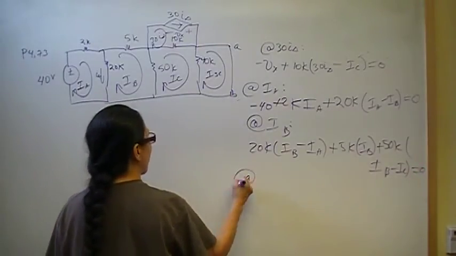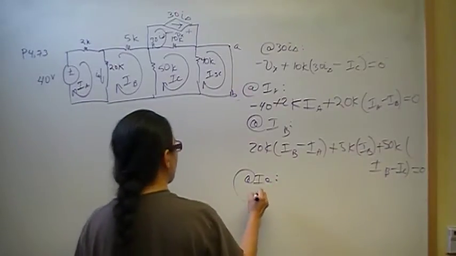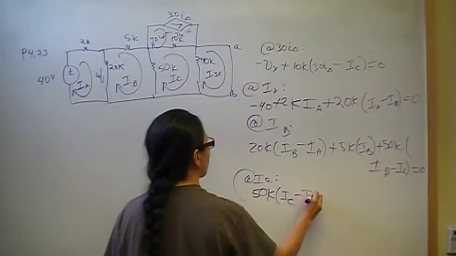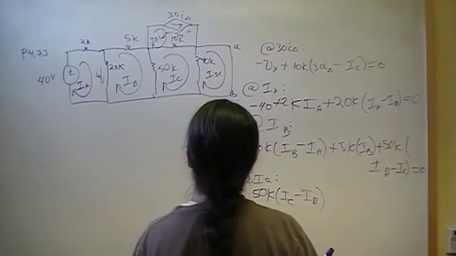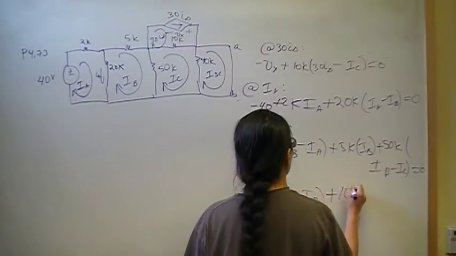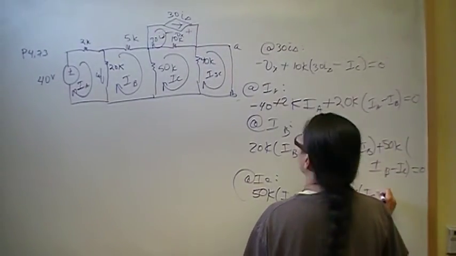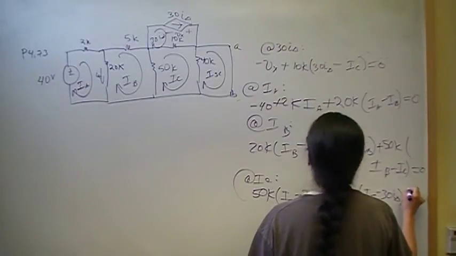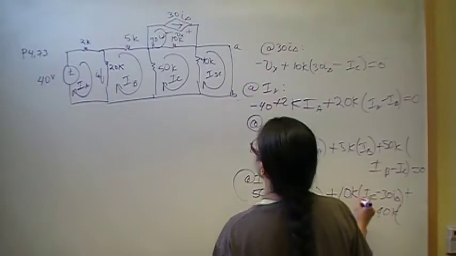So my mesh at IC is going to be 50K times IC minus IB, plus 10K times IC minus 30I delta, and then plus 40K times IC minus I short circuit.